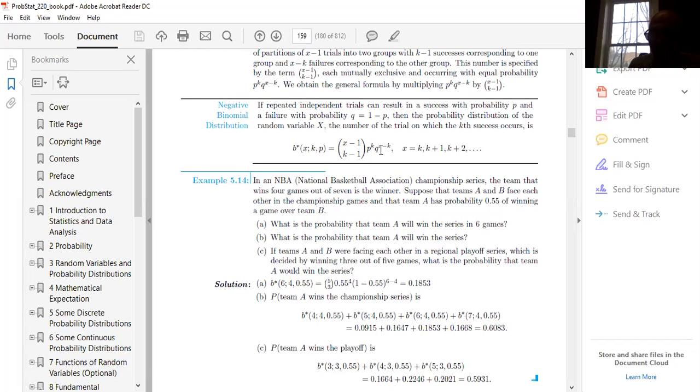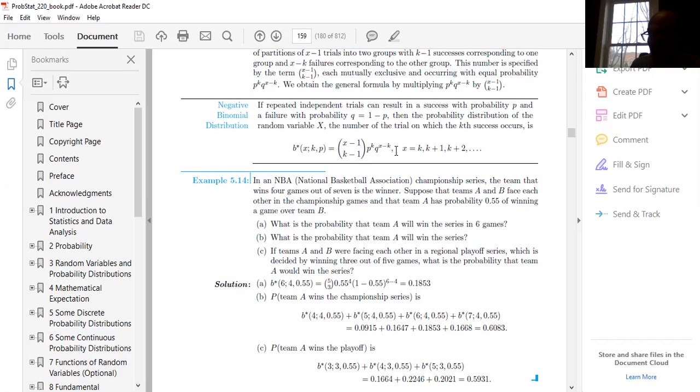In binomial distribution, we were looking for X successes out of N trials. Here we are looking for K successes out of X trials, just some particular success. That's why it is P to the power K and Q to the power X minus K, where K could be, suppose, 5, 6, 7, some particular success, starting with the fifth success onwards: 5th, 6th, 7th.